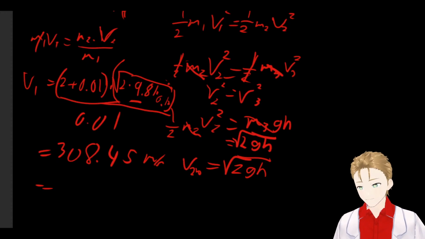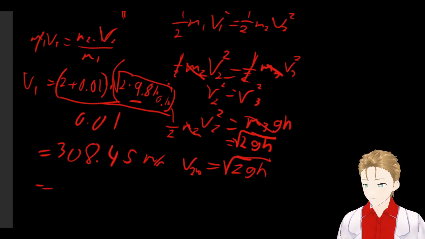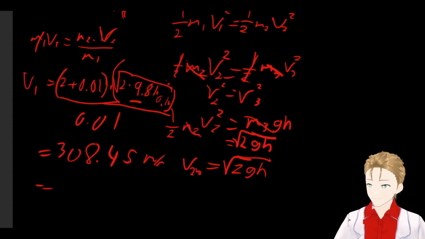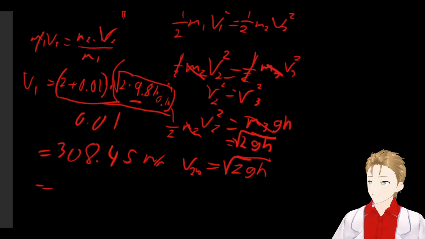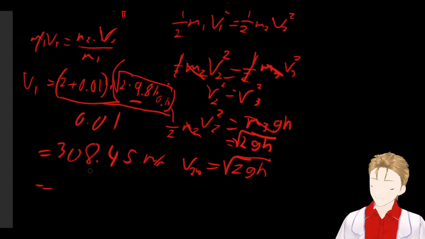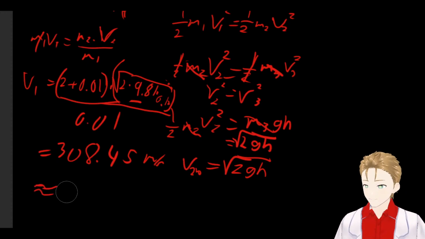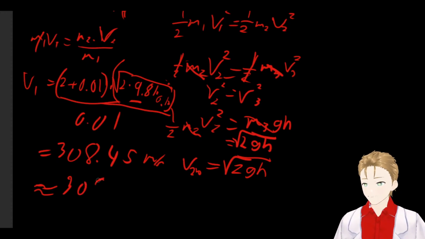Maybe just round down. I guess you could even round up. But what is this square root over here? Hmm, 1.53. Yeah, we can round down or up. So basically, roughly we can say 308 meters per second.